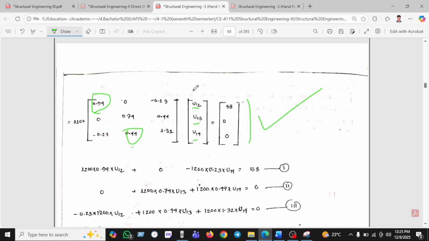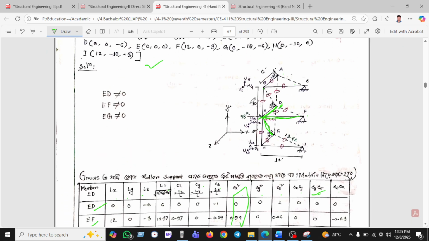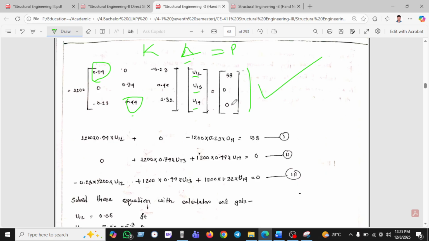And this is K. This is the displacement, and it equals P. The load is given here, 58, as we have shown. The 58 is applied, and we assemble this equation. How do we assemble it? 1200 will be multiplied by 0.90 for the first displacement, and for the second displacement, 500 into 0 will be 0.